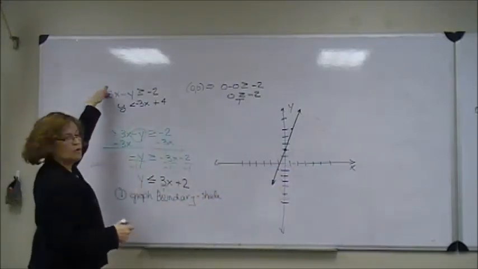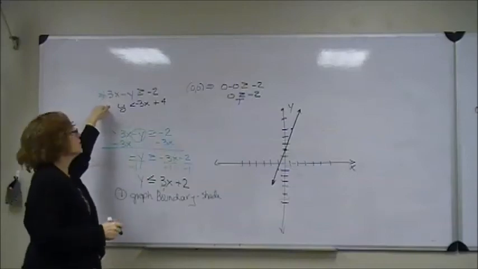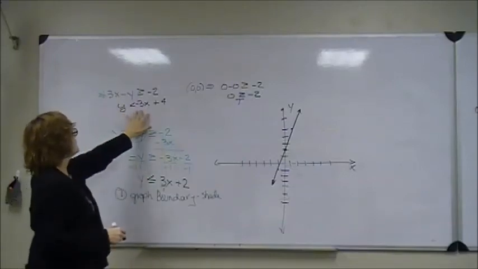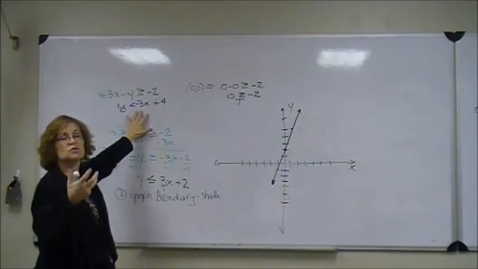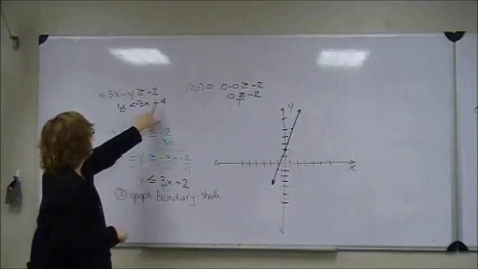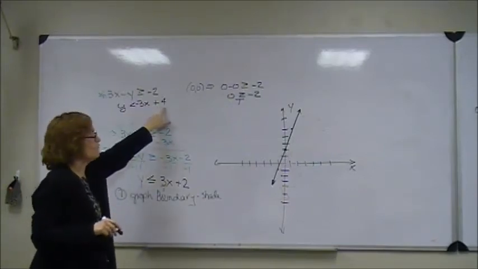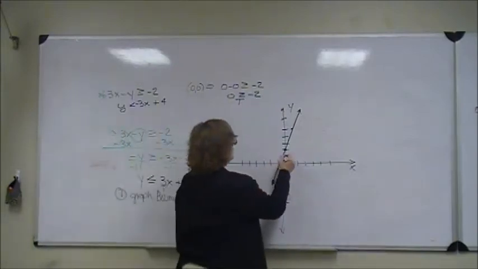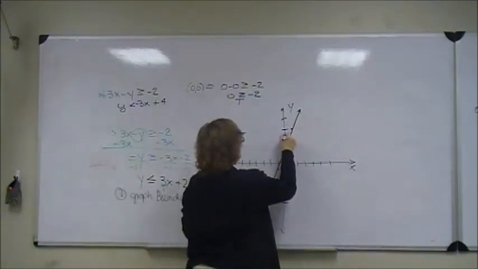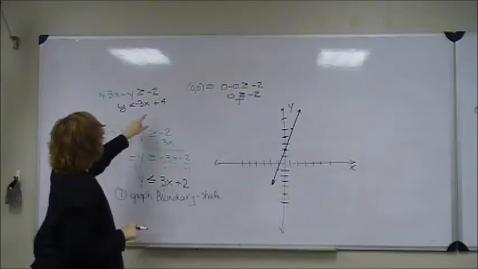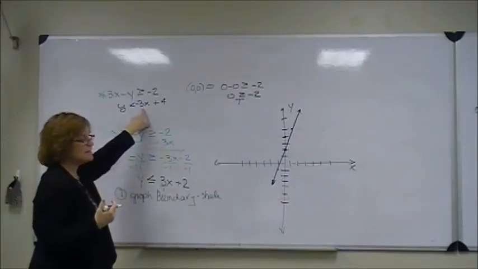I did that for one equation, and now I have to do it for the other inequality. So to graph this one, it's already in slope-intercept form, and so I breathe a sigh of relief. And I go graph my y-intercept 4 on the y-axis. 1, 2, 3, 4. I am now going to move my slope, which is negative 3 over 1.